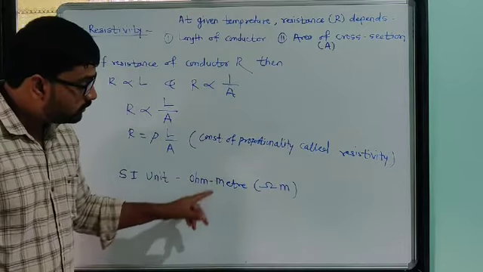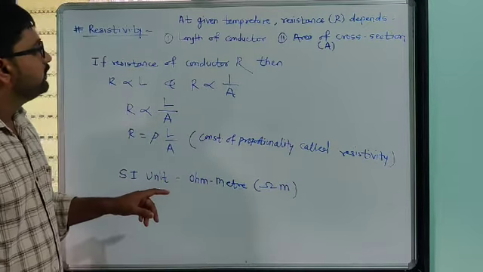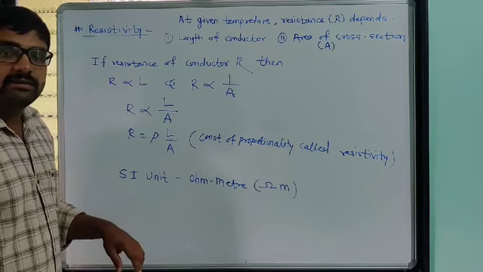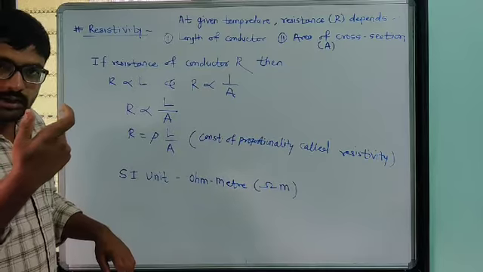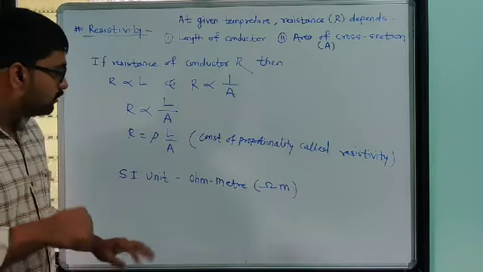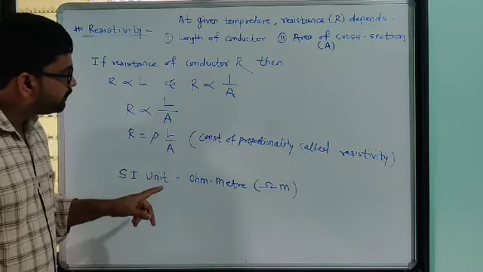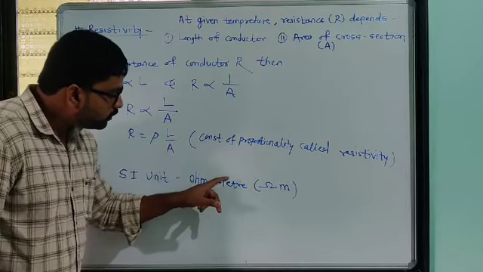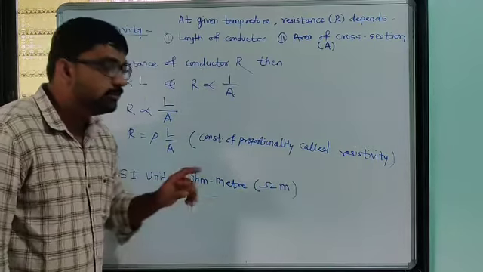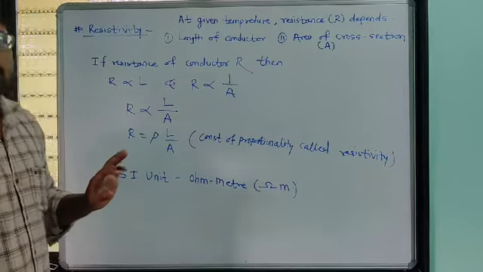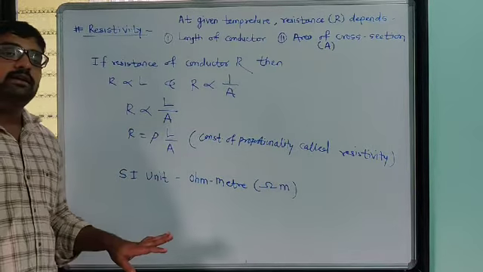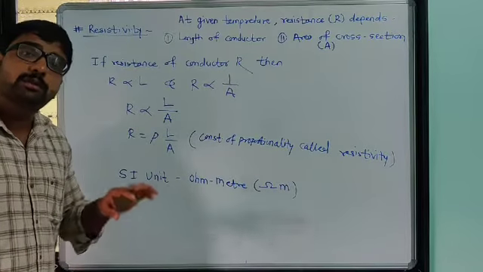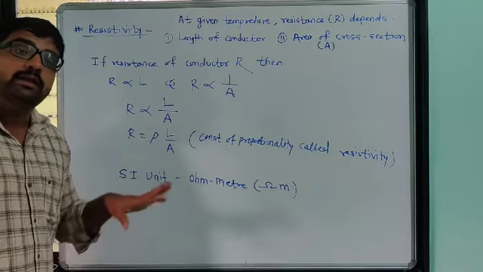Ohm meter. Yesterday we studied resistance, and resistance is measured in ohm. It has only the unit ohm, but resistivity has the unit ohm into meter, that is, ohm meter. Now this resistivity is a specific property of every element.